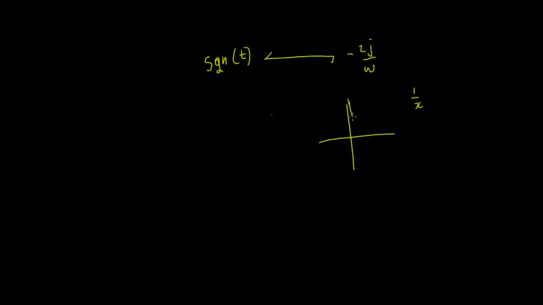So 1 upon x would look like that, and again it would look like that on the negative side, but it's not 1 upon x, it's minus 1 upon x, so it's like that graph flipped on this axis. So you're actually going to get that. This has been flipped up there and it's been flipped up there.